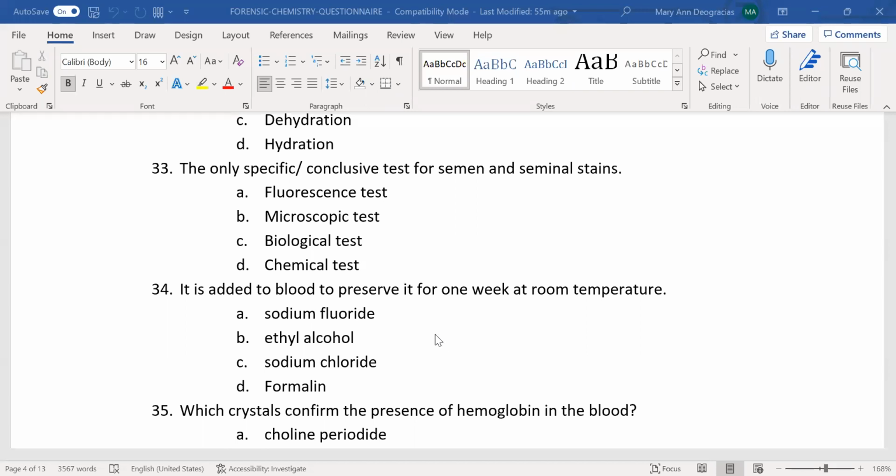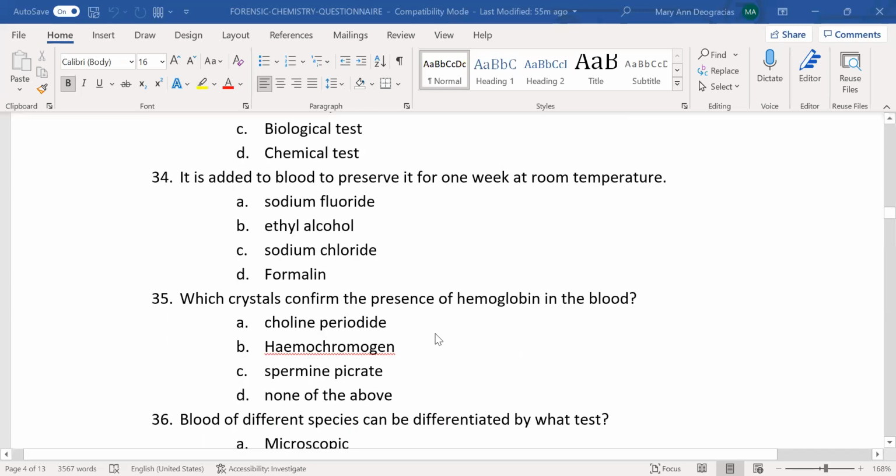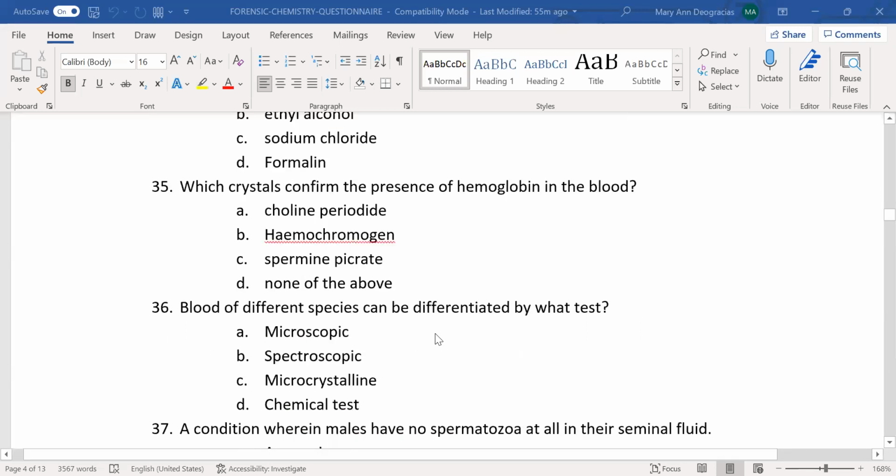Next, number 35. Which crystals confirm the presence of hemoglobin in the blood? A, choline periodide, B, hemochromogen, C, spermine picrate, D, none of the above. Answer? Okay, B, hemochromogen is from the word hemoglobin. There is no other term but hemoglobin, hemochromogen. The other one is hematine chloride.